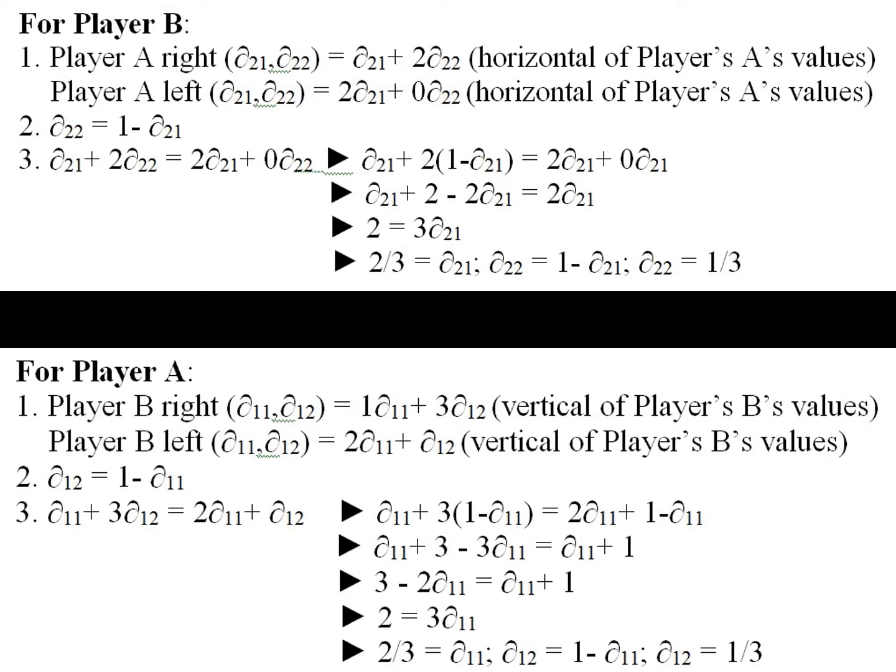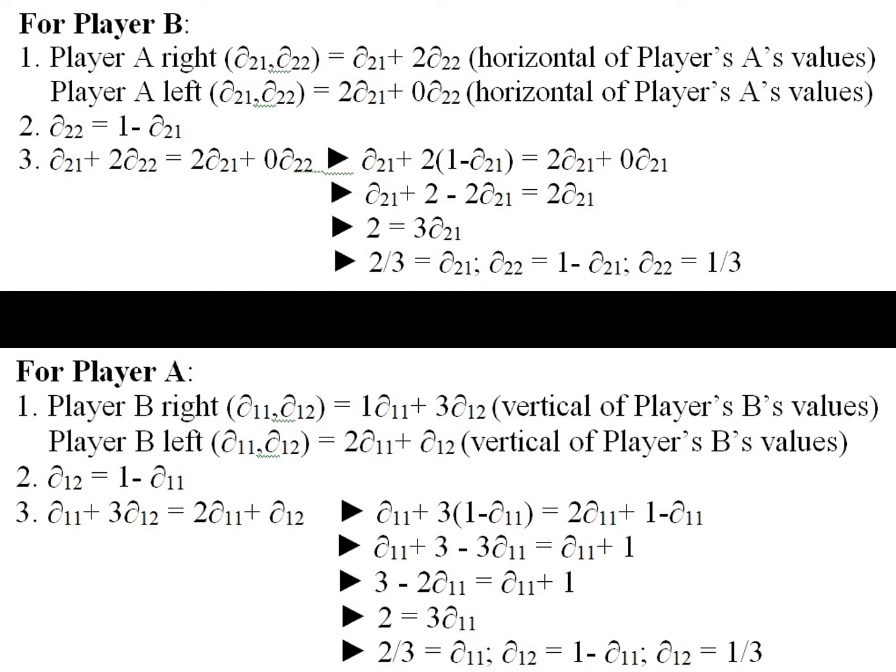So here we have the equations that we constructed earlier. Here for player B on the top, we have player B referring to the values in player A's strategies. All right, we constructed exactly this equation in the previous slides.